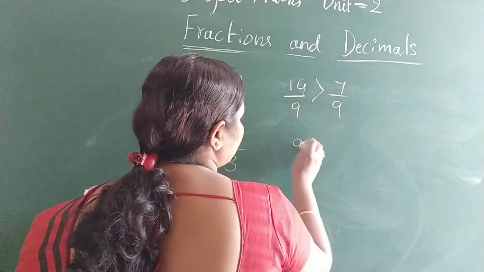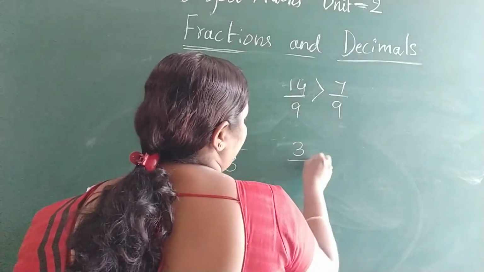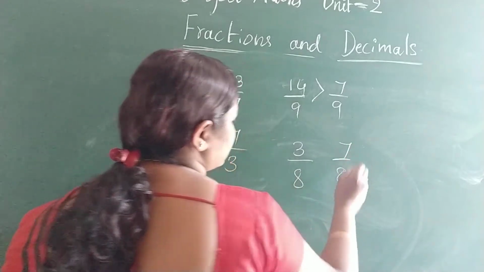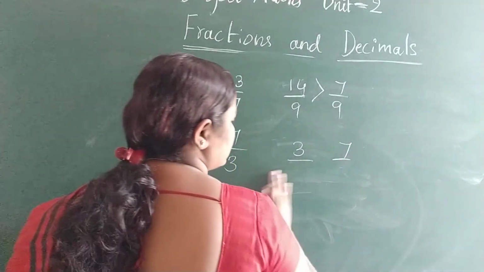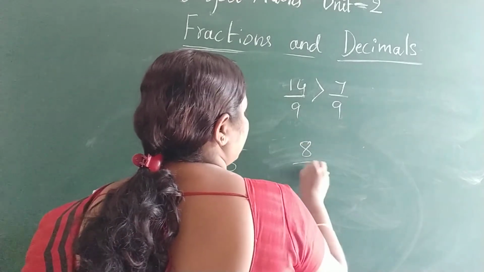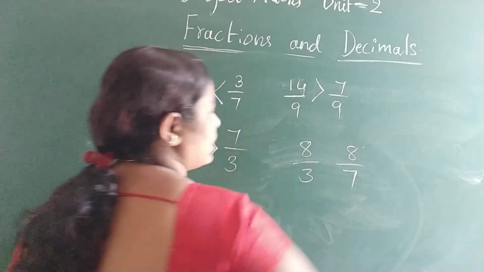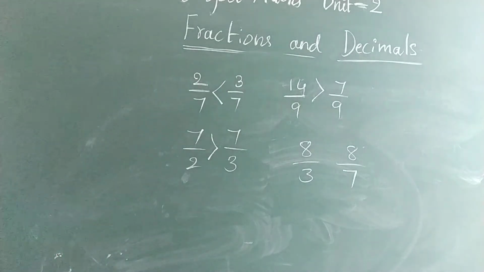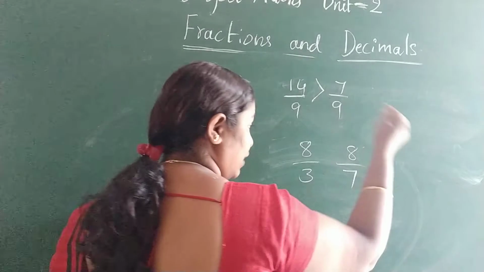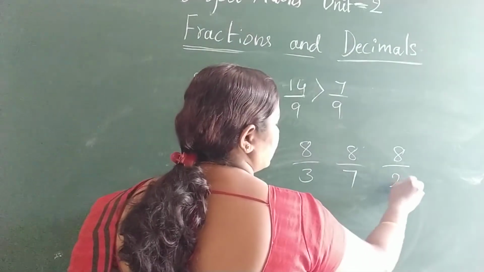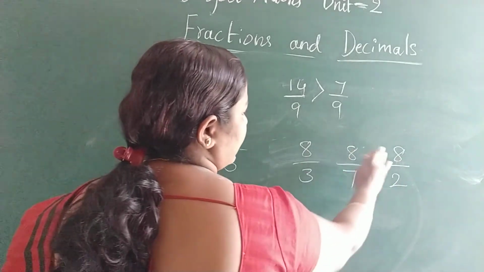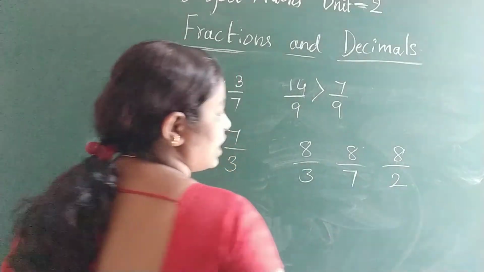One more I take: 3 by 8, 7 by 8. Again, sorry, here the denominators are the same. 8 by 3, 8 by 7. In this case, how to compare? Which is bigger? Okay, I'll take one more: 8 by 2. Now the numerators are the same and the denominators are different.